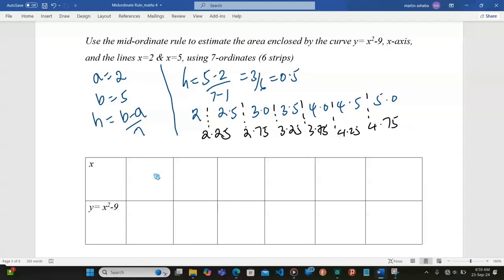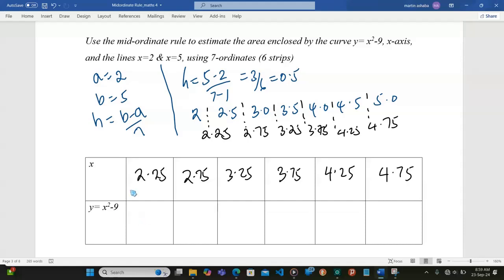So the points I'm going to substitute in the function f of x are the midpoints: 2.25, 2.75, 3.25, then 3.75, 4.25, and lastly 4.75. You can see all these lie within the interval 2 to 5.